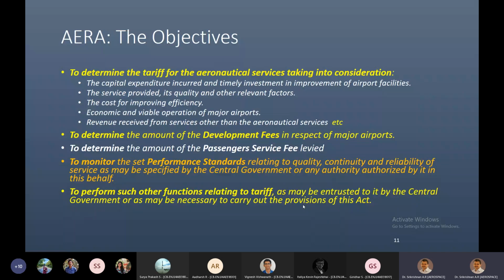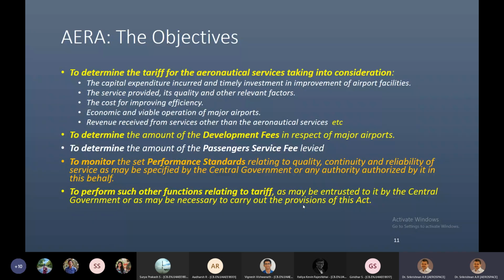This can also vary from time to time. And then AERA monitors the performance related to the quality, continuity, etc. of the services provided by the airport in line with the requirements laid out by the government agencies, and performs other functions relating to tariff from time to time, anything that the Ministry of Aviation wants done in view of monitoring or ensuring fairness or reviewing the systems or regulations related to the airport tariff.